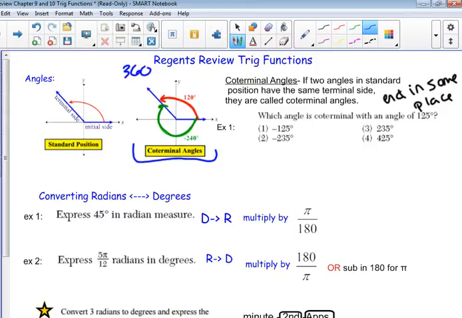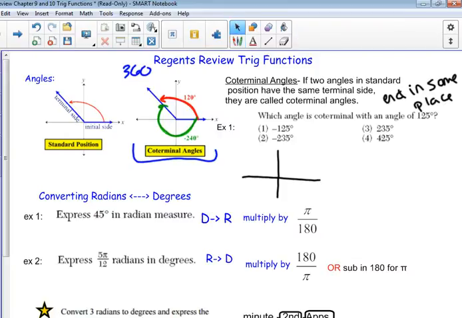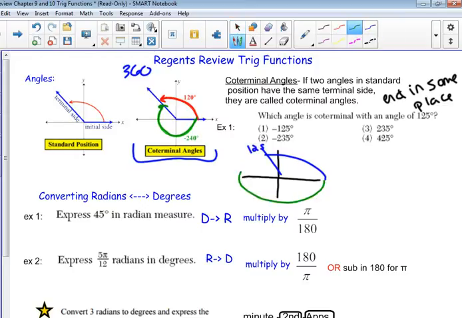So why don't you think about what would be coterminal with 125? If you need to draw it out, go ahead. The end is the same spot. You want to figure out what this green line has to be.